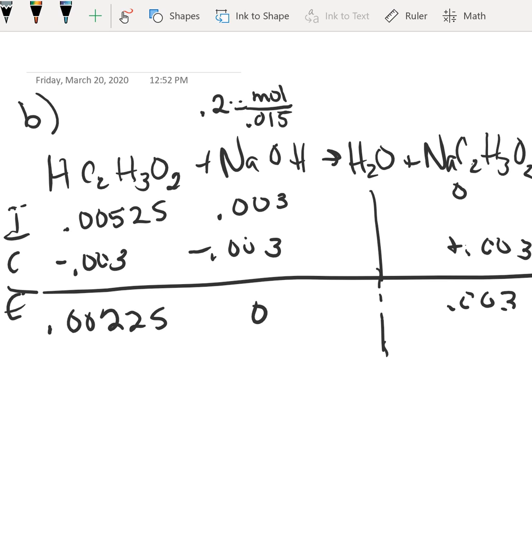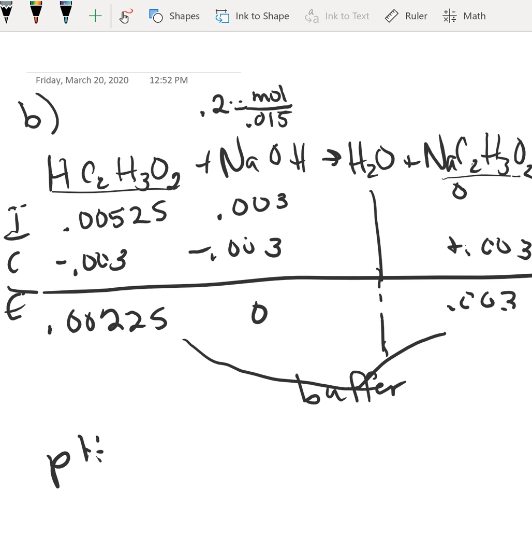All right, so I am left with a salt and a weak acid, and they contain a common ion. So that means this is a buffer. And if I have a buffer, I can use my Henderson-Hasselbalch.